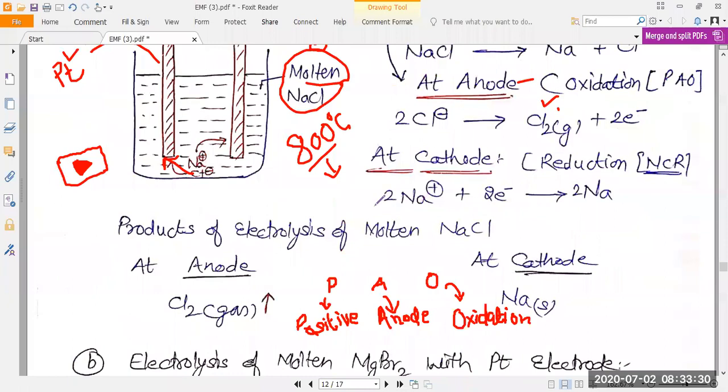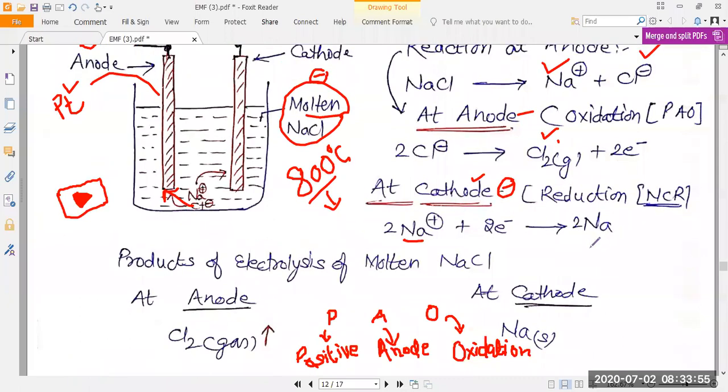At the cathode, sodium ions, which are positively charged, get reduced when they go to the cathode, and the cathode is the negative terminal. At the cathode, sodium ions receive electrons and convert into sodium.